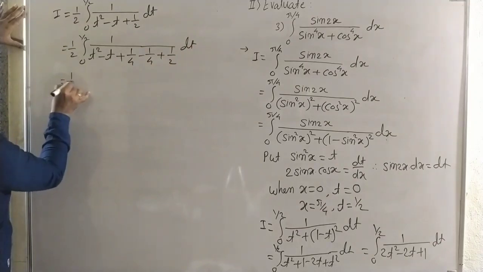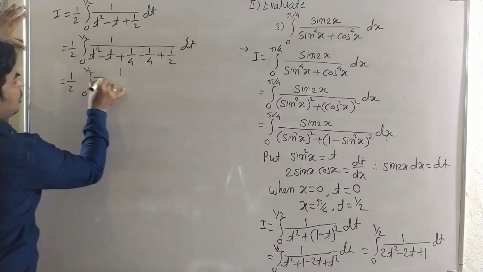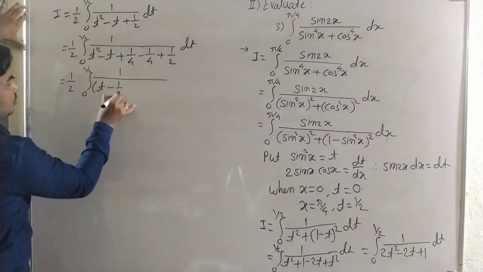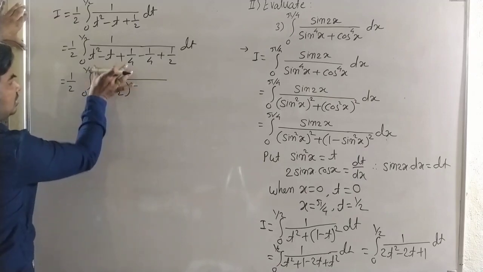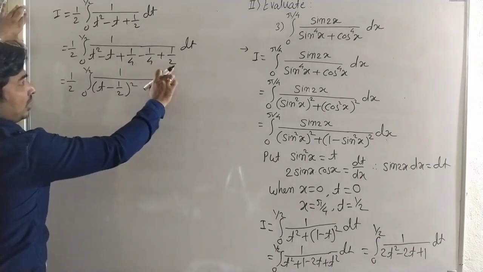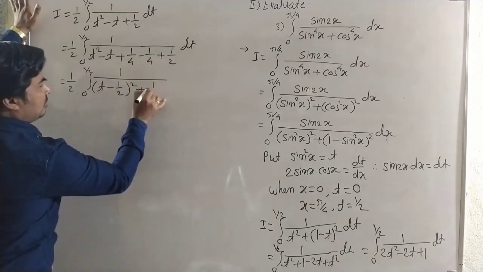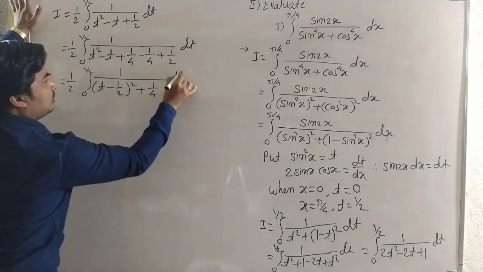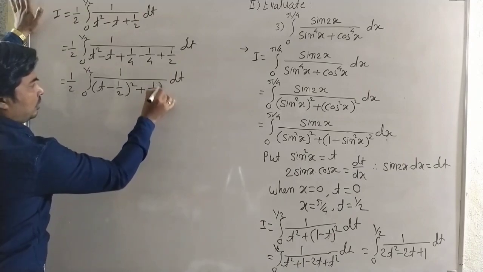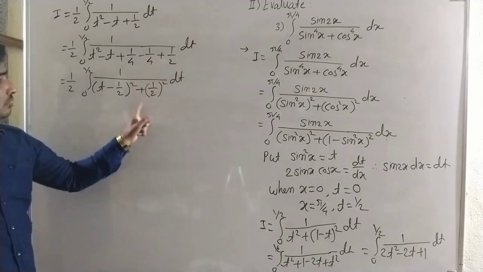Then it is 1 by 2 into integral 0 to 1/2, 1 upon (t minus 1 by 2) whole square. First 3 terms are the complete square, and here minus 1 by 4 plus 1 by 2 is plus 1 by 4. See carefully, it is plus (1 by 2) square.